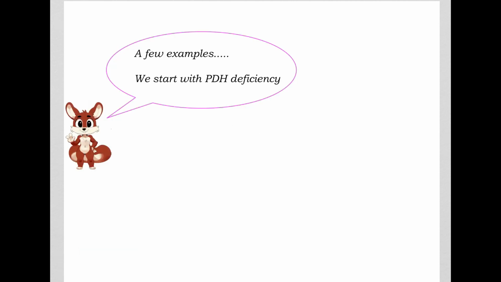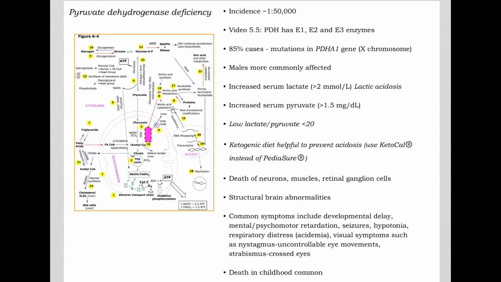Okay, so with this background, I think we are ready to look into some of the key aspects of these various diseases. Let's start with PDH deficiency, pyruvate dehydrogenase deficiency. The incidence of PDH deficiency is about 1 in 50,000, so it is a rare disease.